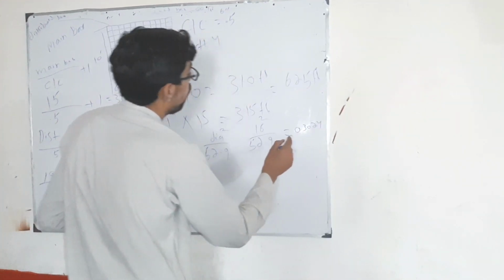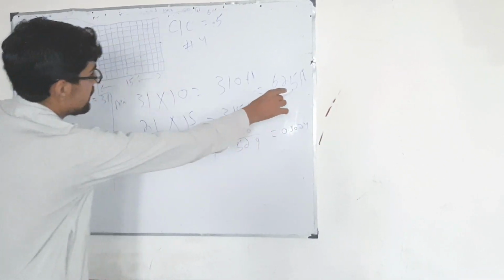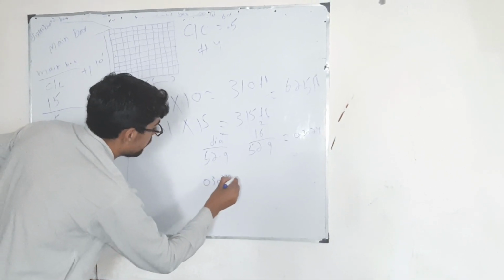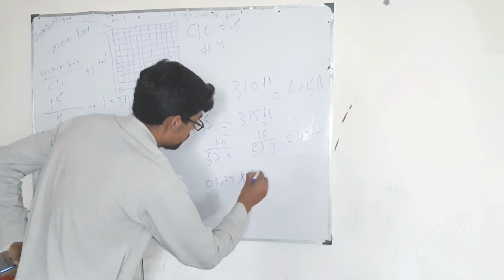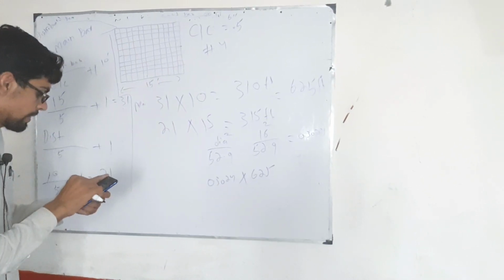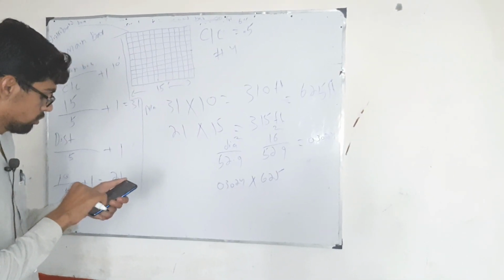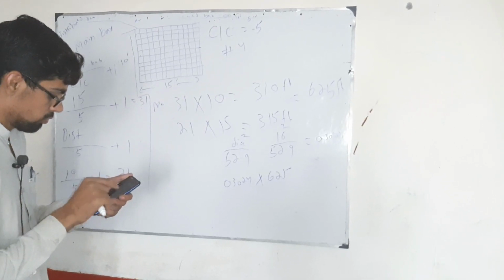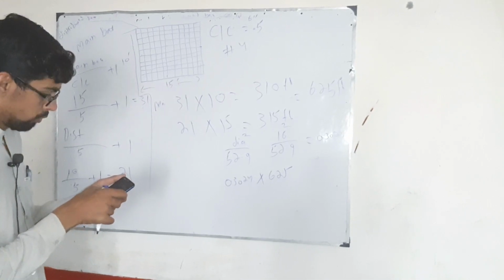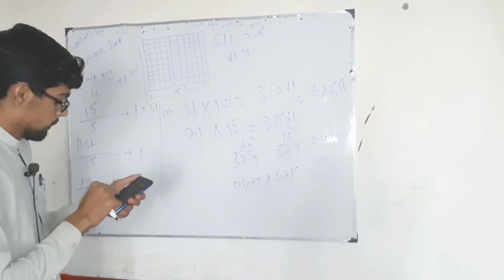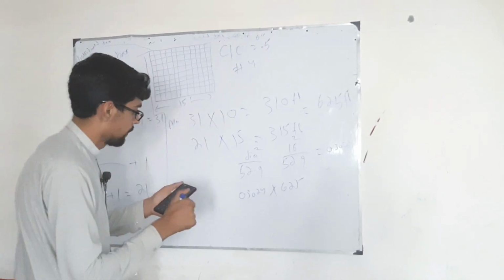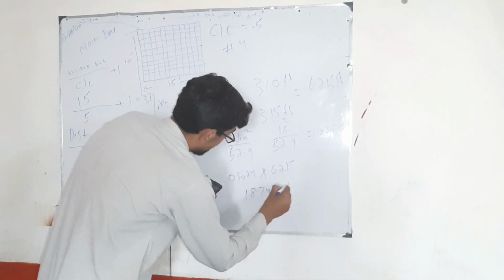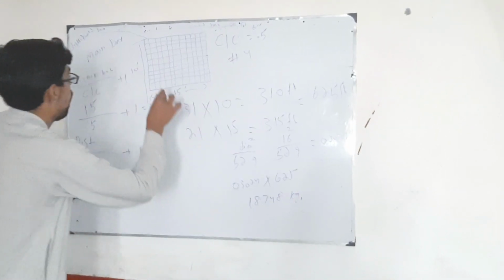0.3024. Now I'm going to multiply this by the complete length, 625. Multiplying 0.3024 by 625 gives 188.748 kg required for that slab.